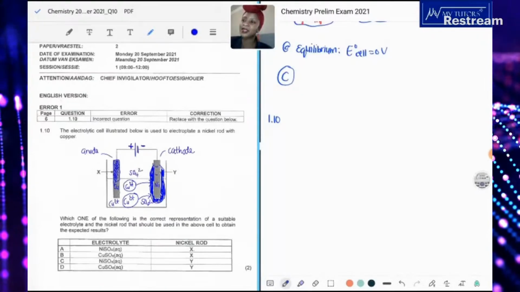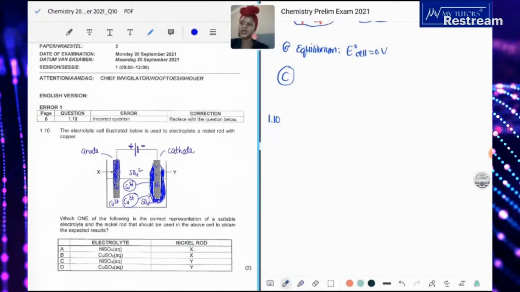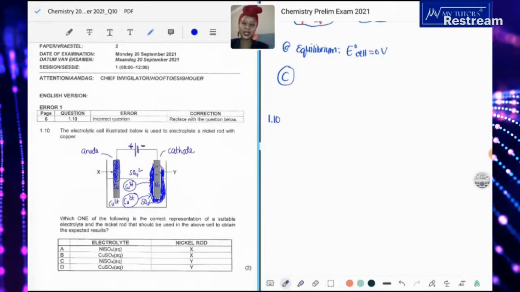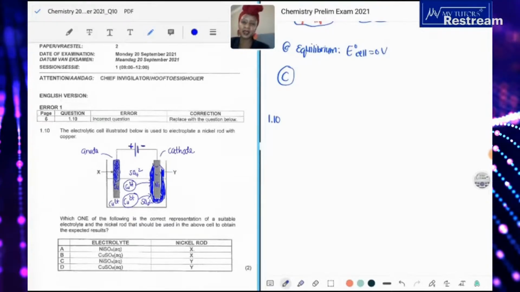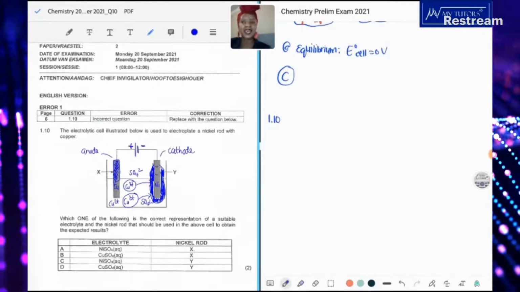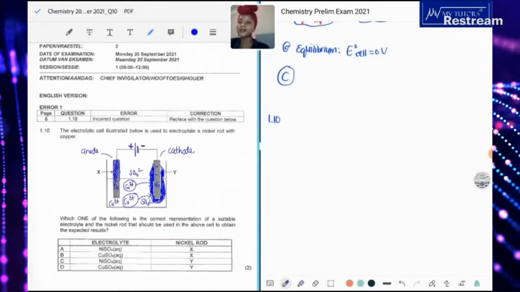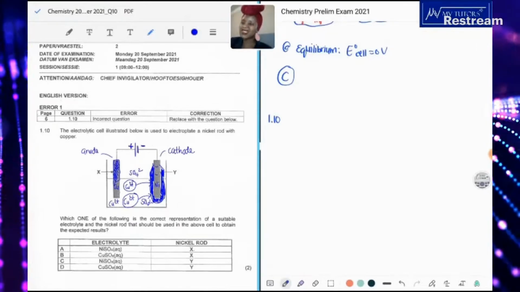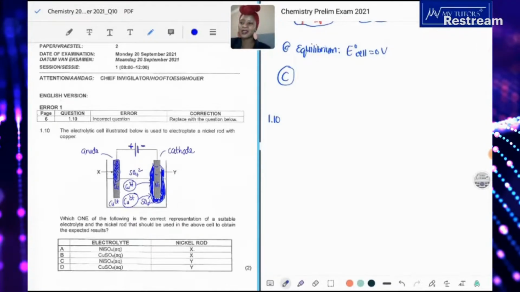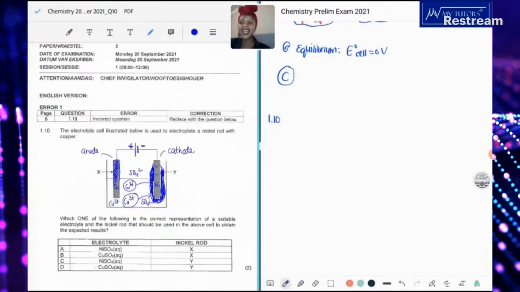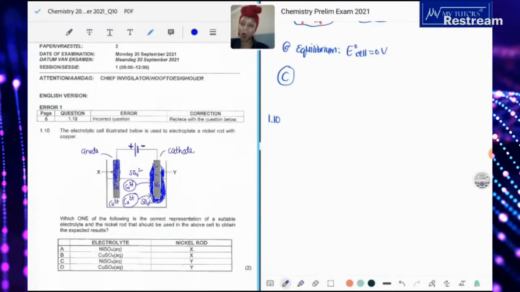So that is like, we don't even put it in the equations when you're writing down the half reactions because it is a spectator ion, the sulfate. But copper, definitely, in your electrolyte, you have copper only. So D has to be the answer. Your electrolyte is copper sulfate and your nickel rod is Y.